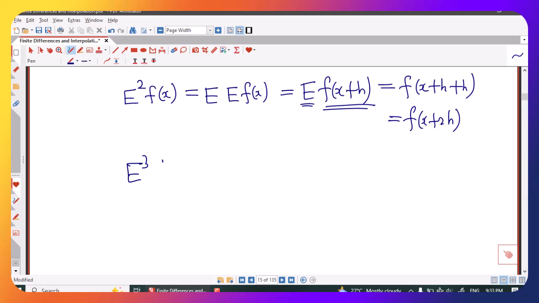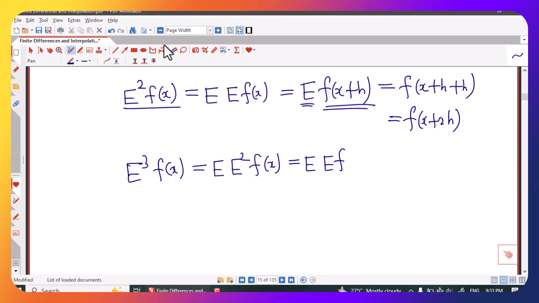Similarly, if I consider E to the power 3 f(x), then this I can rewrite as E times E to the power 2 f(x), and E square f(x) is f of x plus 2h.